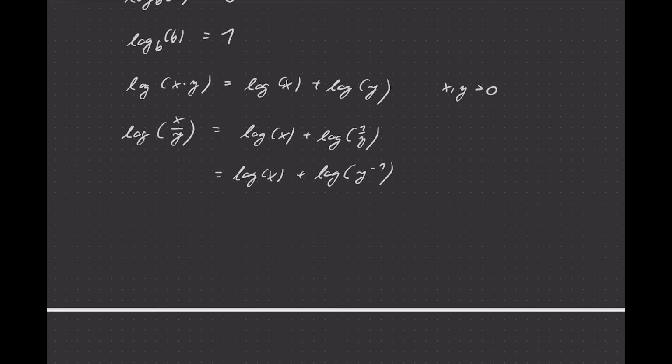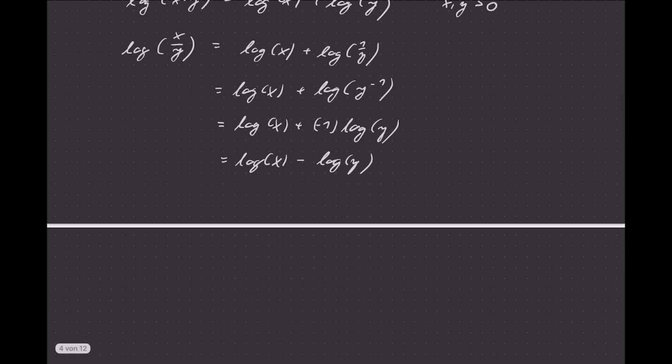And we'll get to that rule soon. You can take those powers out of the logarithm. So that's the same thing as log x plus, we take out the minus 1, and then we have minus 1 times log y. So this is, in short, log x minus log y.